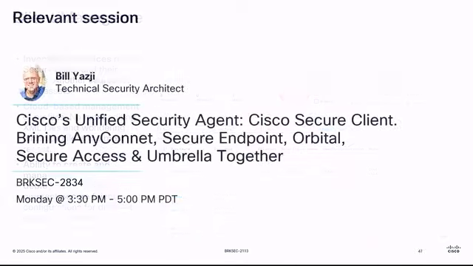And again, there is a session that goes into much more detail on that, which I also strongly recommend you attend. It will walk you through all the different cloud management options for Cisco Secure Client, all the different modules that are included, whether it's network visibility module, umbrella module, or orbital, or forensics for that matter. So definitely more information about that piece of the architecture in Bill Yaji's section. I had to find Bill and ask how to pronounce his last name before the session.